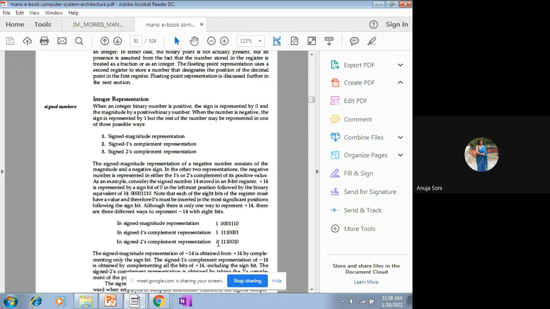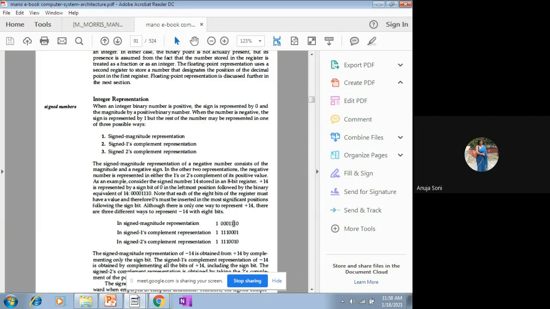Now in order to take the 2's complement, I am applying the direct shortcut method over the given number in front of us. You start scanning the number from the extreme right hand side. Till the time the very first value of 1 is met, that 10 will be copied as such in the resultant number.